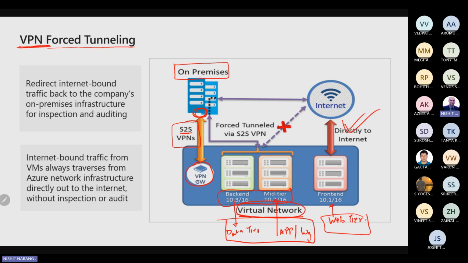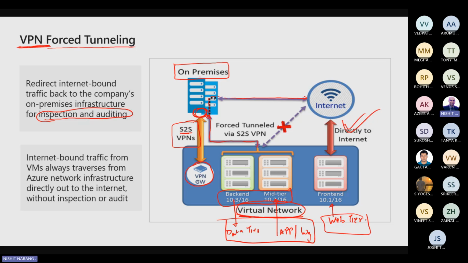But if you want, I can force your traffic via the site-to-site VPN to the on-prem network, where there can be an inspection and auditing server that can look at your traffic. And if that is allowed to go to the internet, it can relay it over the internet.